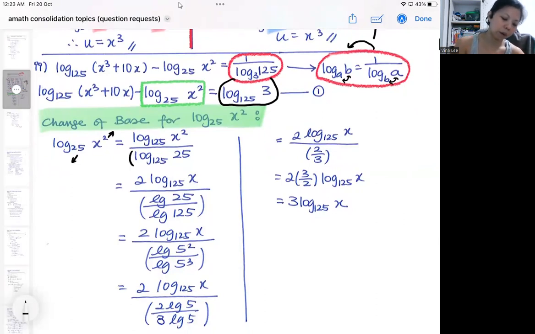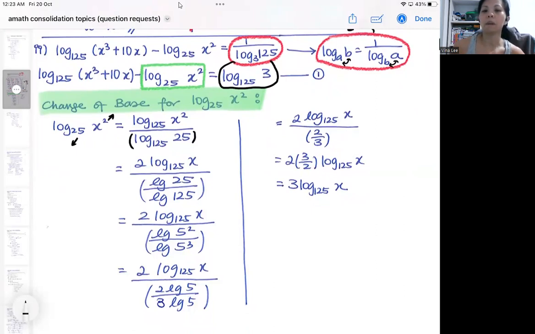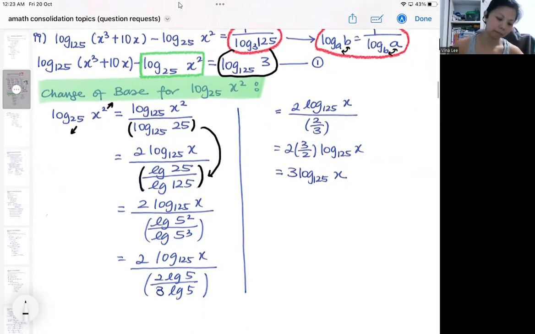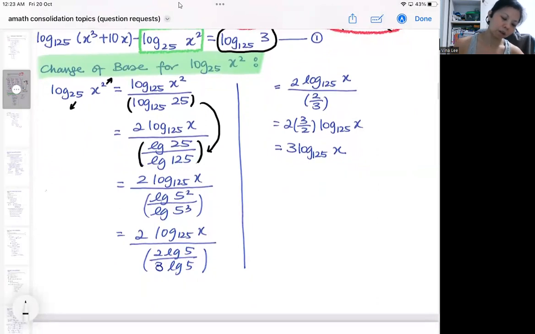So how am I supposed to proceed from there? I am going to do another change of base. And this time around, my change of base will be base common log. So I'm going to be doing a change of base on the denominator. I'm targeting a common log because when I change to a common log, I can have a 5 square, I can have a 5 cube, which I can bring down as a power.